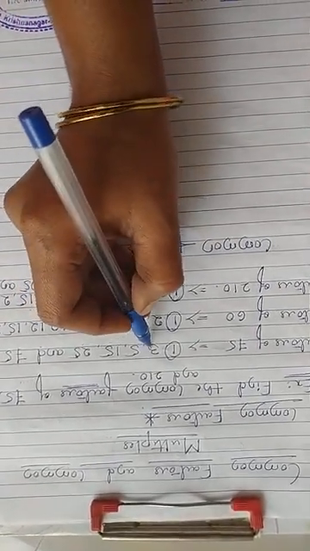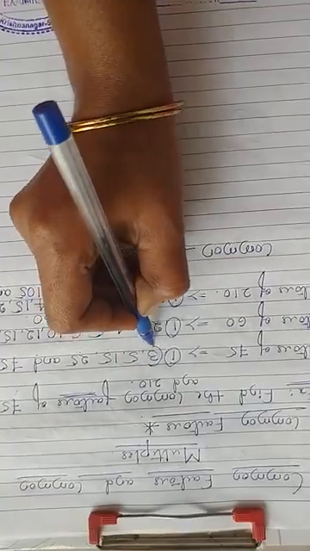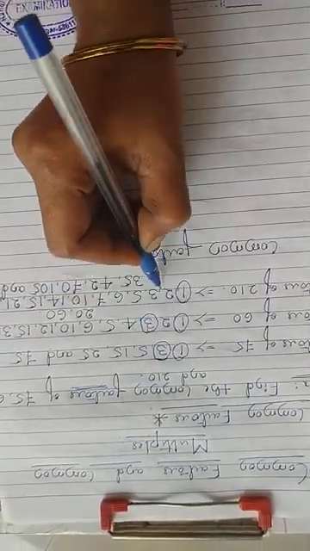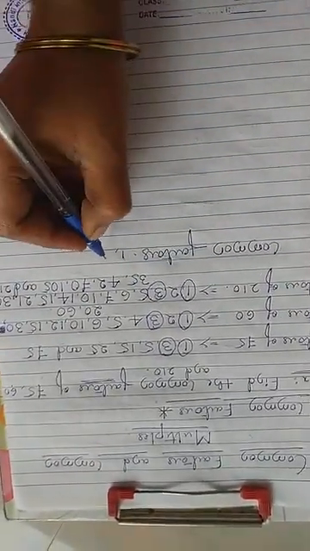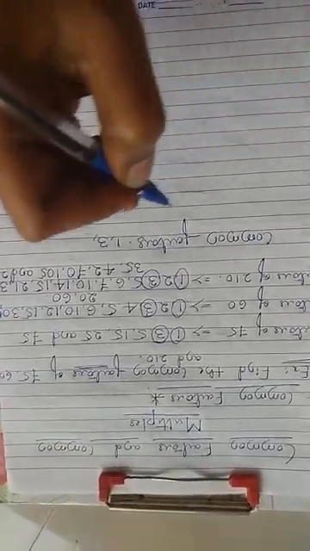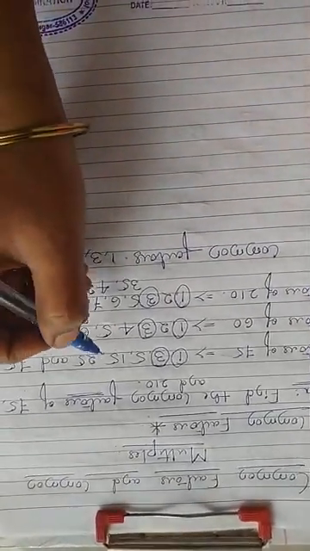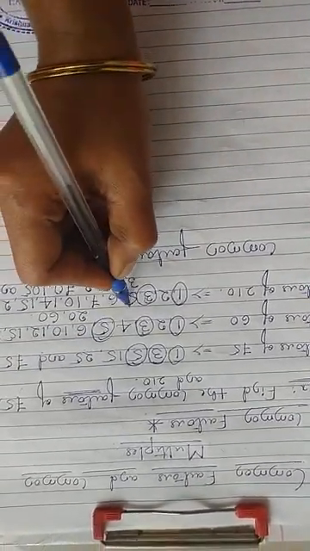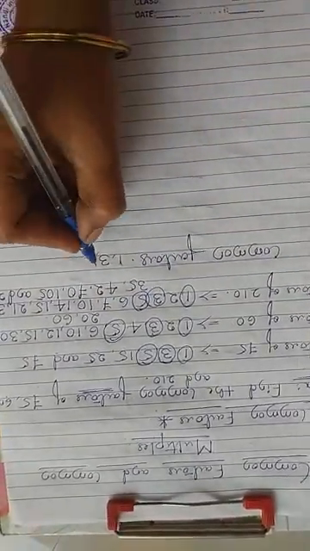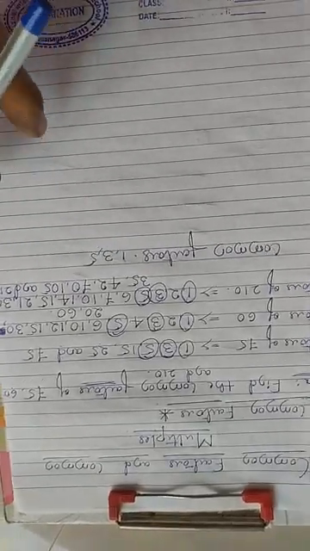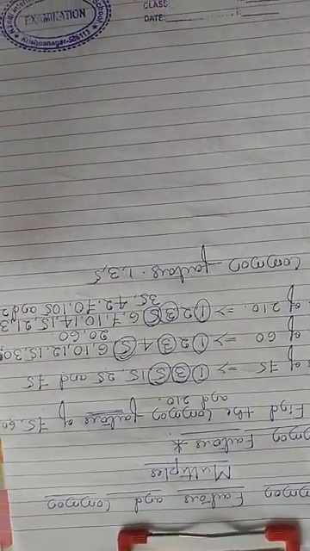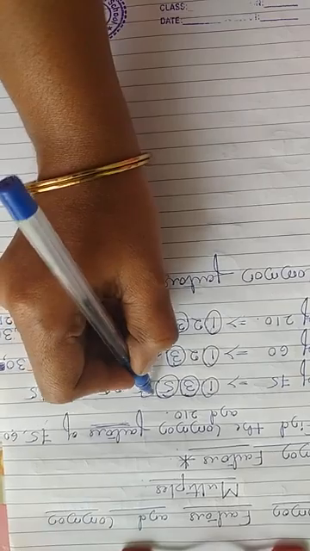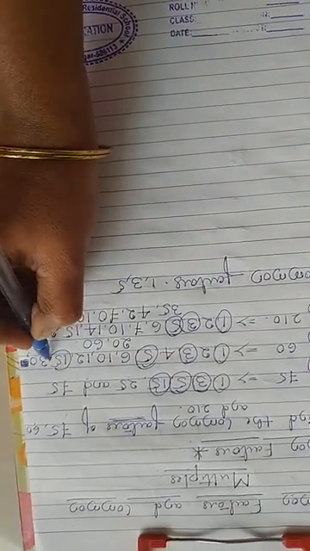Next, 3 is there, yes, 3. Next, 5. Next number, 15.